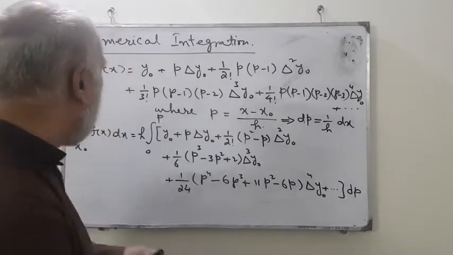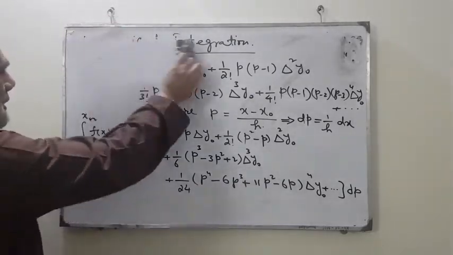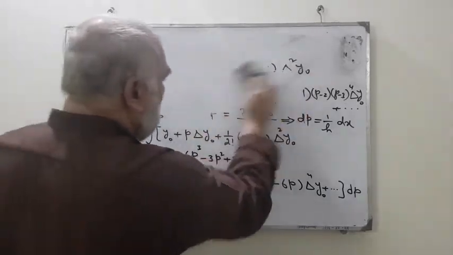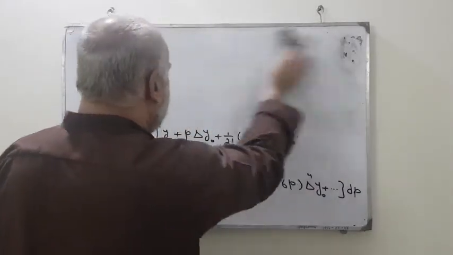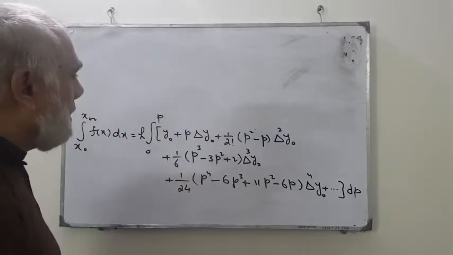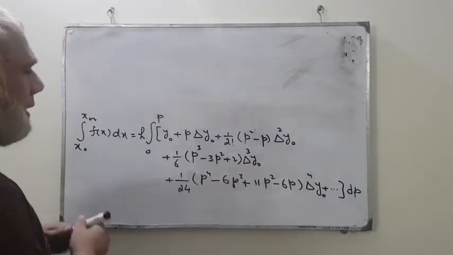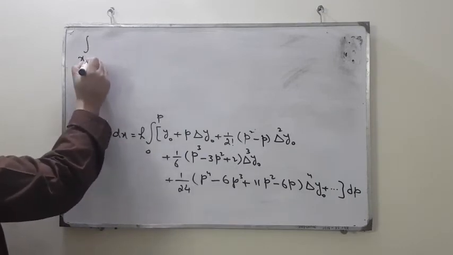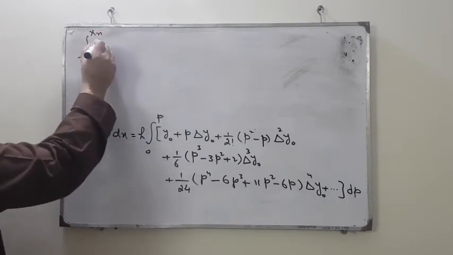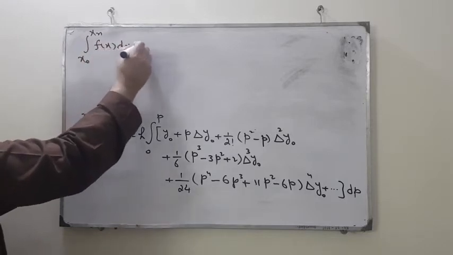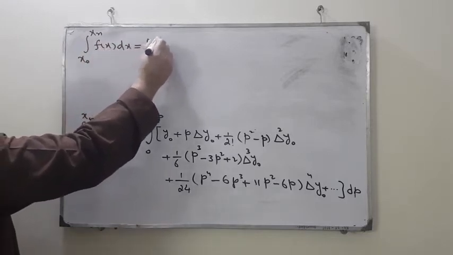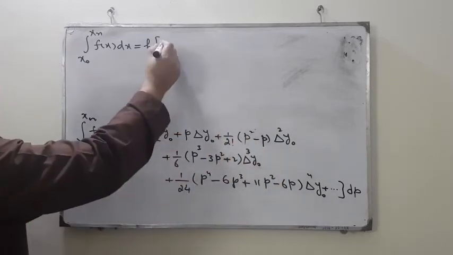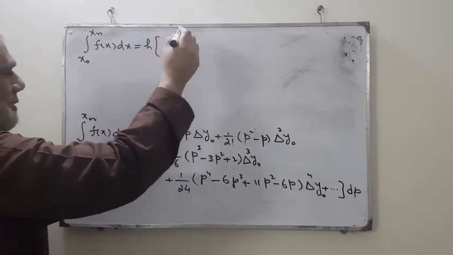So let me create some space here to write. Whenever you integrate, you will get on the left side x0 to xn f(x) dx. On the right side, h times, whenever you integrate with respect to p, the first term gives you p times y0.